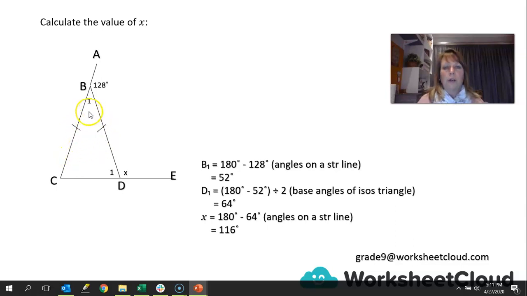So we're going to say 180 minus the 52 and get that answer and divide it by 2. We end up with an angle of 64. So that angle there, BCD, would also be 64. But we are interested in x, so we're interested in this 64, and we're going to go 180 minus that 64 because it's angles on a straight line, and my answer is then 116.